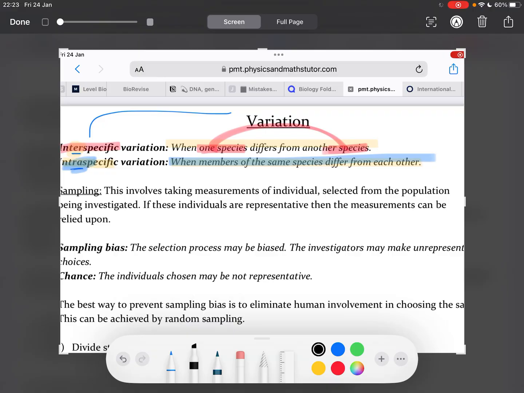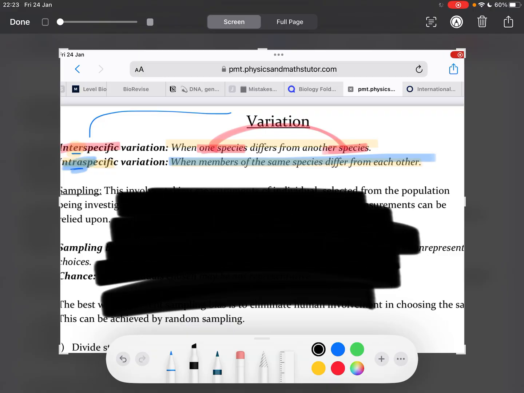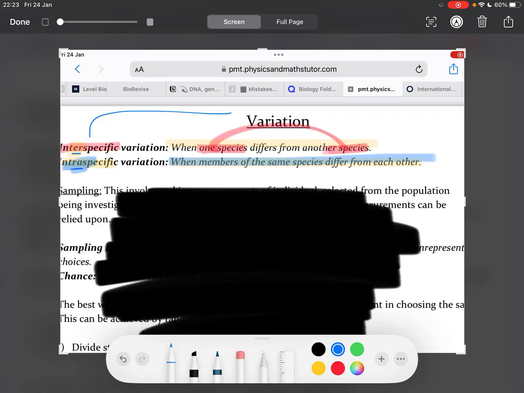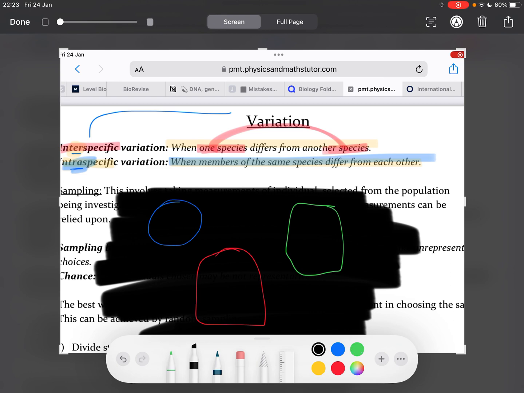For example, I'm going to use black in order to be able to draw. We have this species, and we have this species. First species, and this is the community. So black is the community. Looks like something from Minecraft for some reason. This species differs from this species.